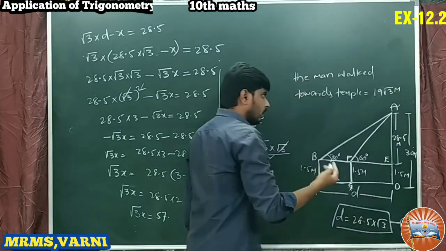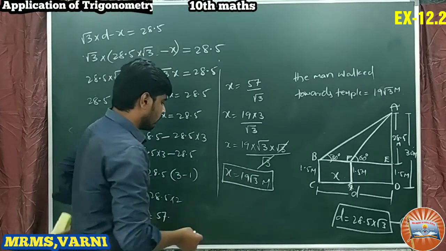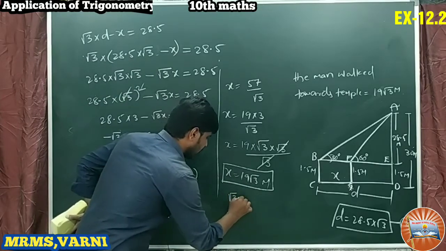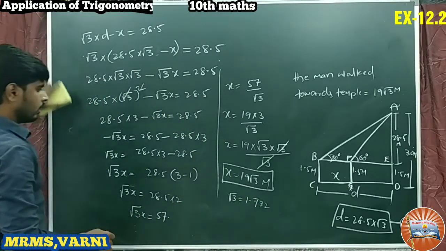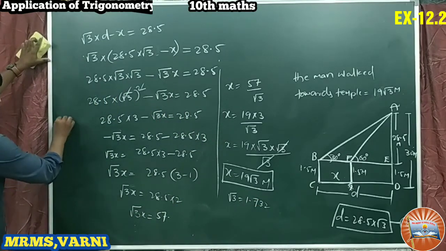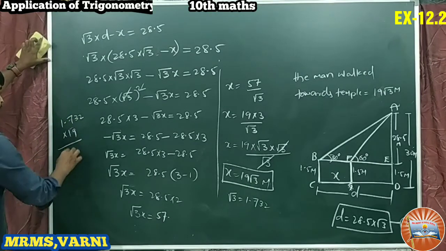If you want to stop here, we can stop here, or else we can multiply with root 3 value, 1.732. So we take the multiplication: 1.732 into 19.